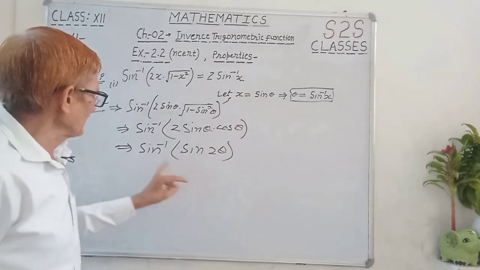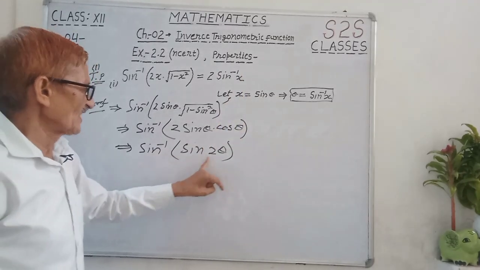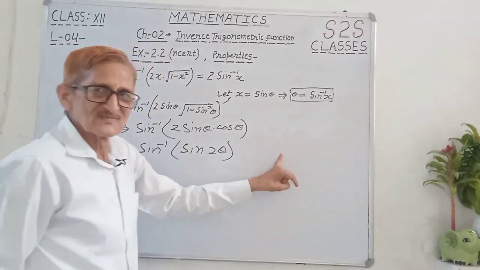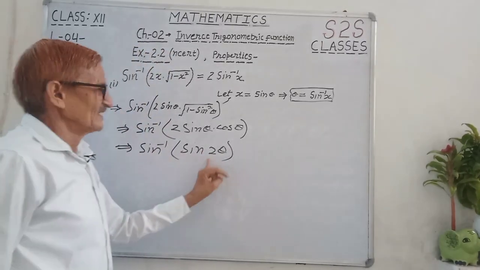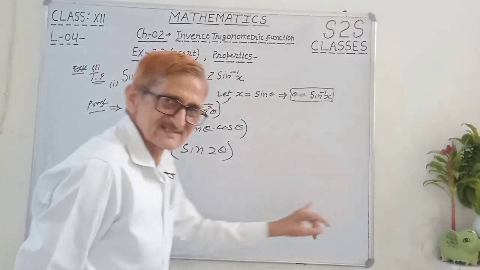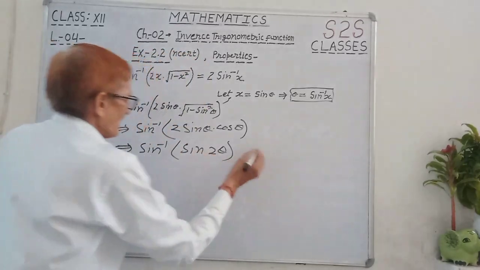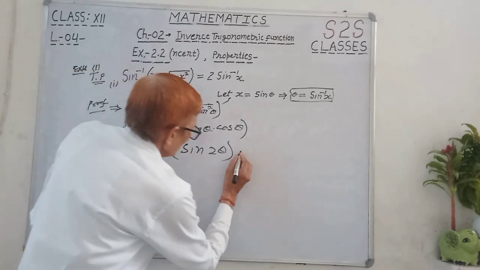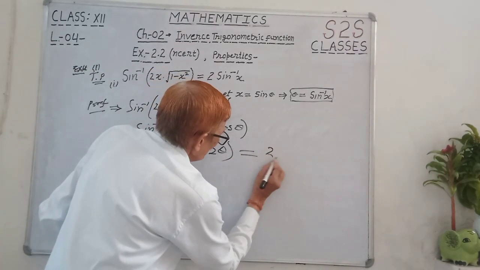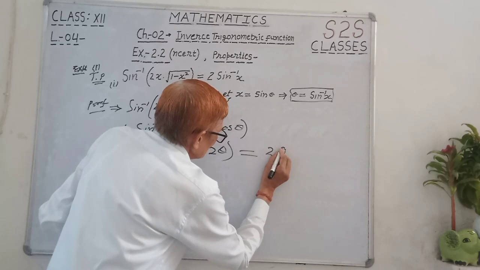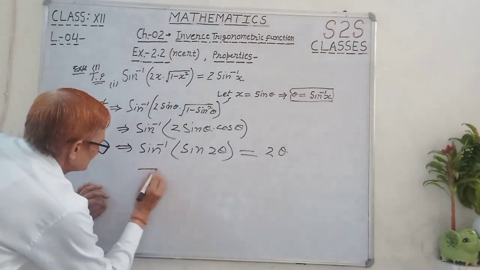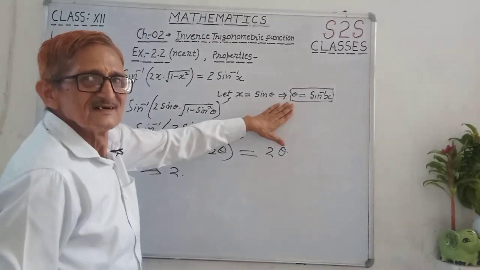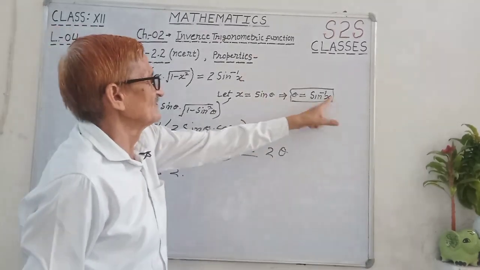The property I told you just now: sin inverse of sin x is equal to x. And sin of sin inverse x is also x, but it will be in that branch output of the inverse. So it will be 2 theta by property. And 2 theta means 2 into the original, theta, which is sin inverse x.